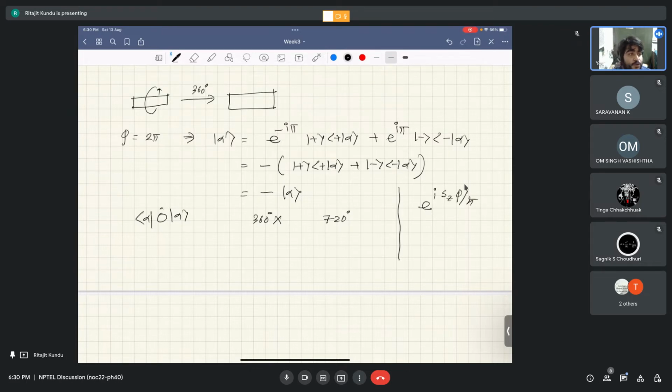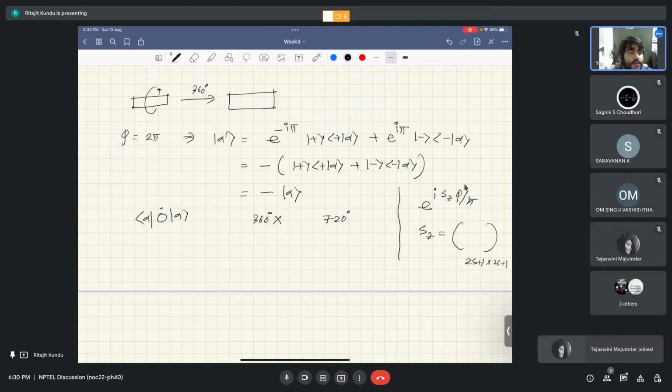But for the bosonic case, the Sz will be some larger kind of matrix. It is always of 2s plus 1 times 2s plus 1 dimension, which will be different. For spin half we get some set of Sx, Sy and Sz, but for integer spins we will not get the same set of matrices, we will get something different.